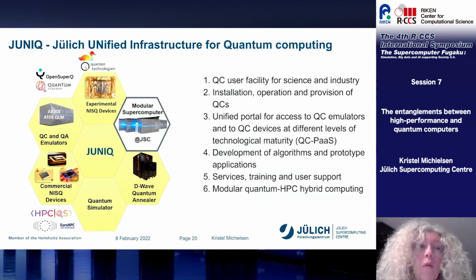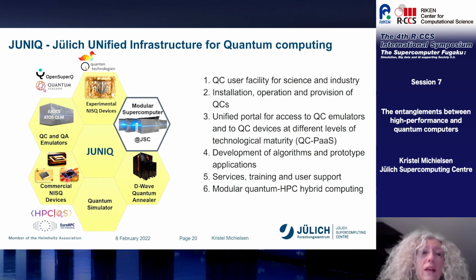To be able to do this, we have established JUNIQ, the Jülich Unified Infrastructure for Quantum Computing. It's a quantum computing user infrastructure for users from science and industry in Europe.